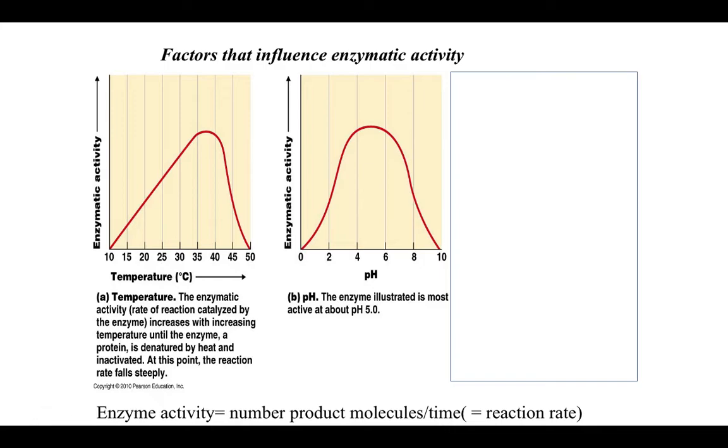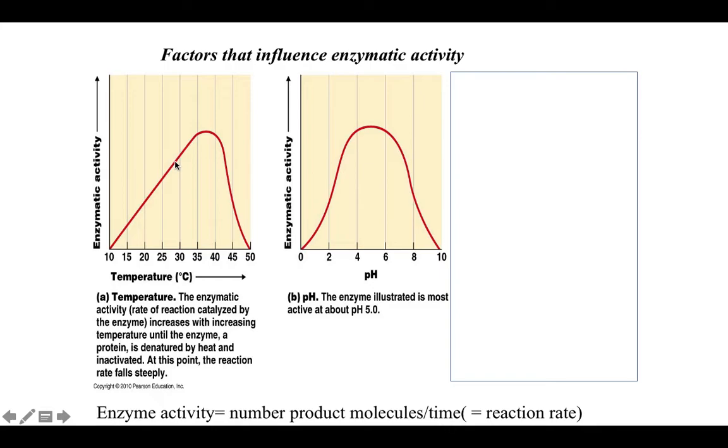And we said that a lot of enzymes end in -ase. We said since enzymes are proteins, again, they're going to be sensitive to denaturation. So if we look at the number of products made per second on the y-axis, and here we're changing the temperature on the x-axis, we said the number of end products per second would increase as temperature increases, because as the temperature is increasing, molecules are moving faster and faster.